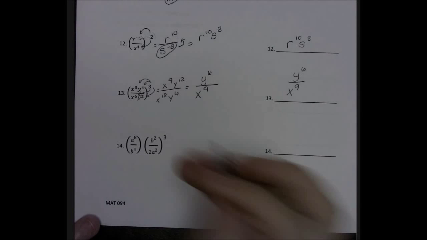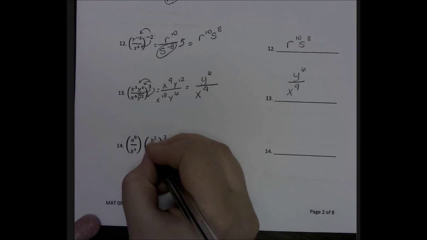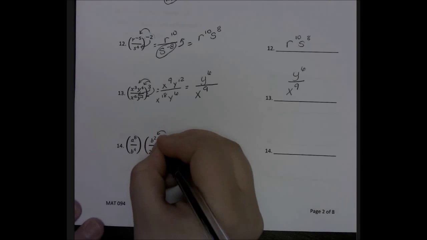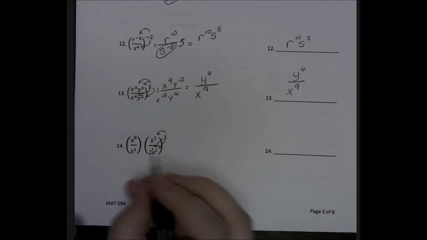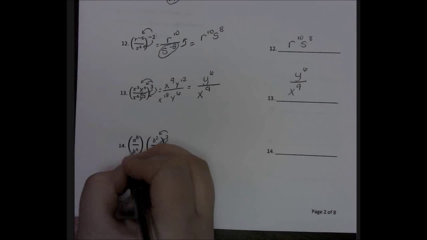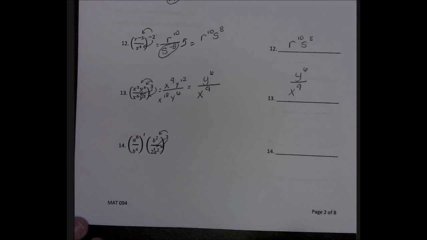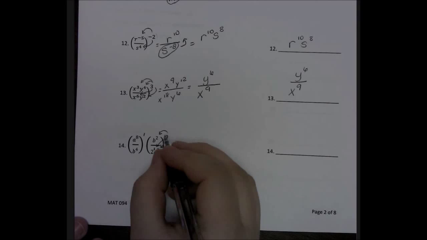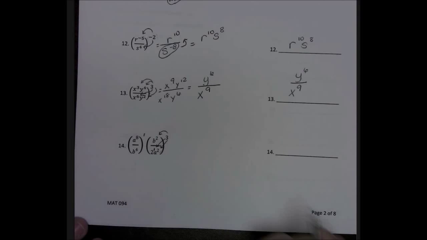Now number 14 is a little tricky. You are going to distribute this 3 into only the exponents inside of the parentheses it's right in front of. Okay? Because technically this parentheses has its own exponent of 1. So that 3 can only multiply into this set of parentheses.